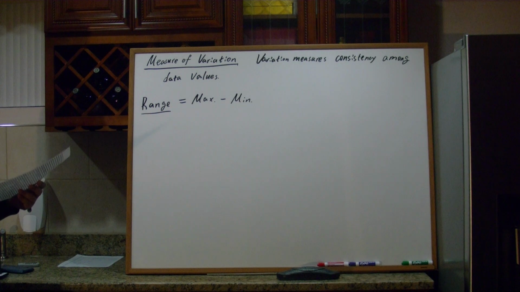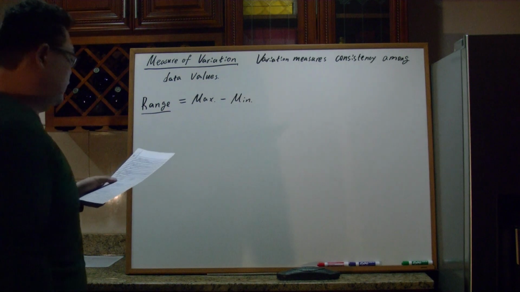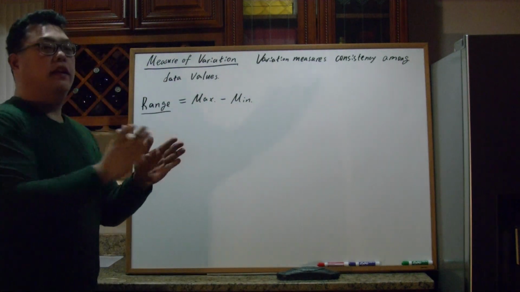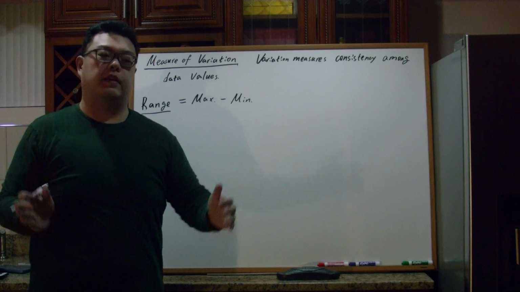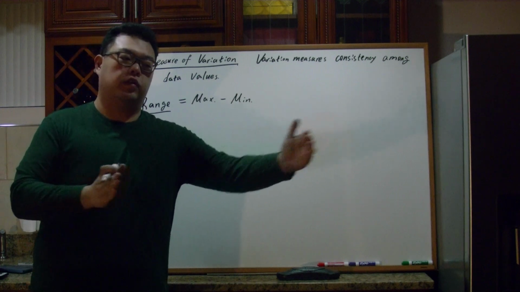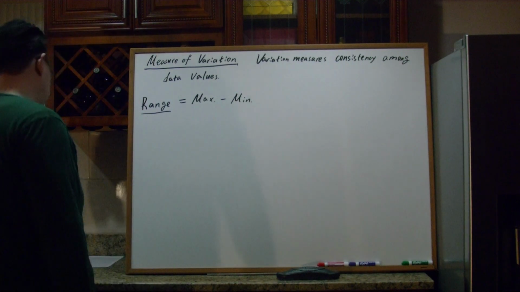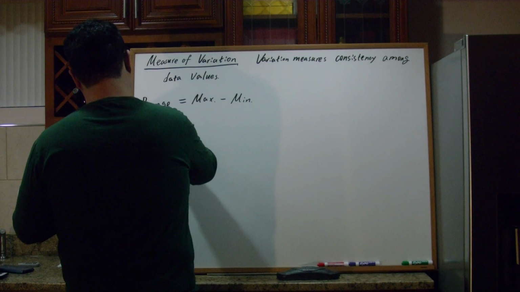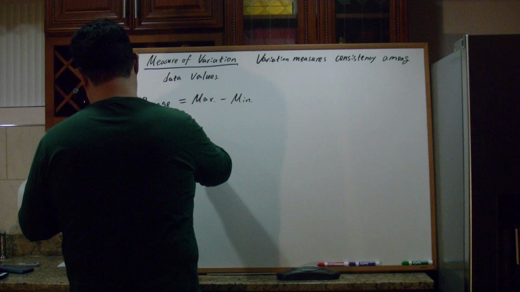It tells how wide a group of data is, from minimum to maximum. We don't know where the values are, but at least that tells how wide it is.